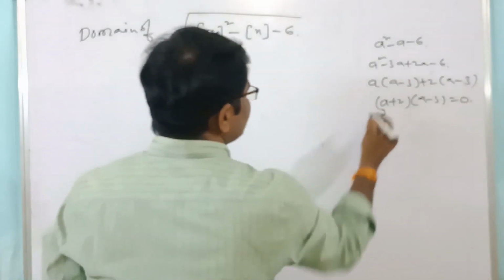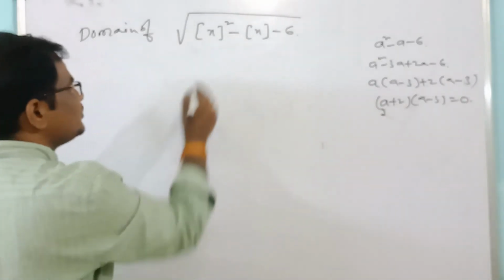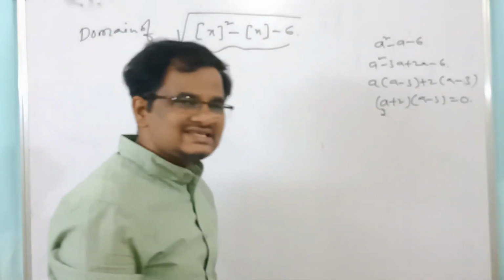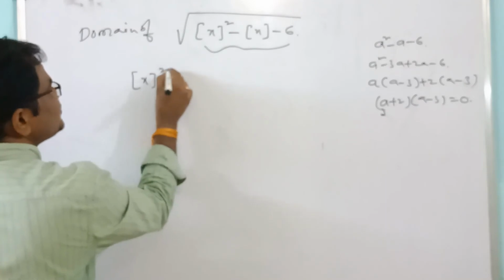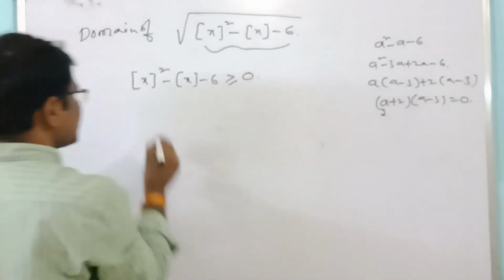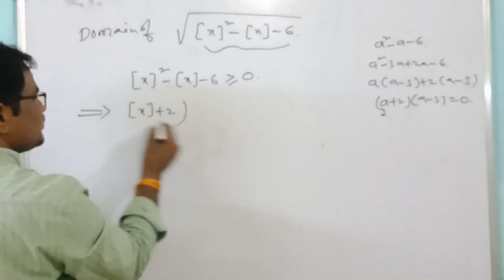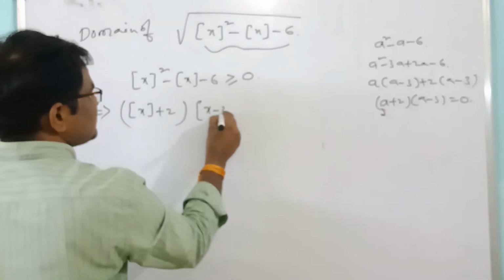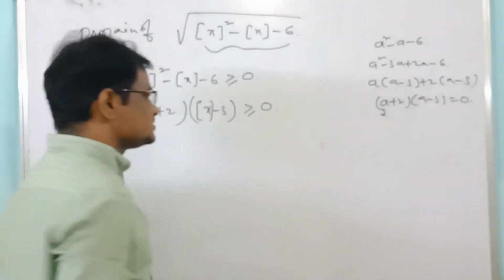In place of a, what is there? [x] is there. So under the root, the value is always non-negative. That's why [x]^2 - [x] - 6 is greater than or equal to 0. If you take the factors, ([x] + 2)([x] - 3) greater than or equal to 0.